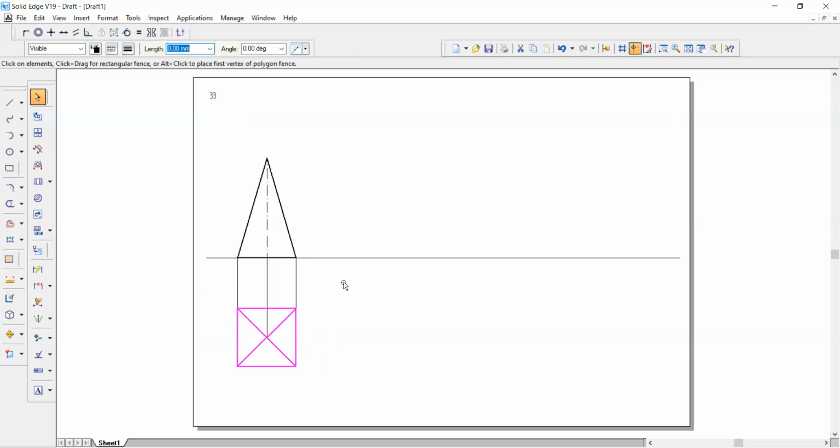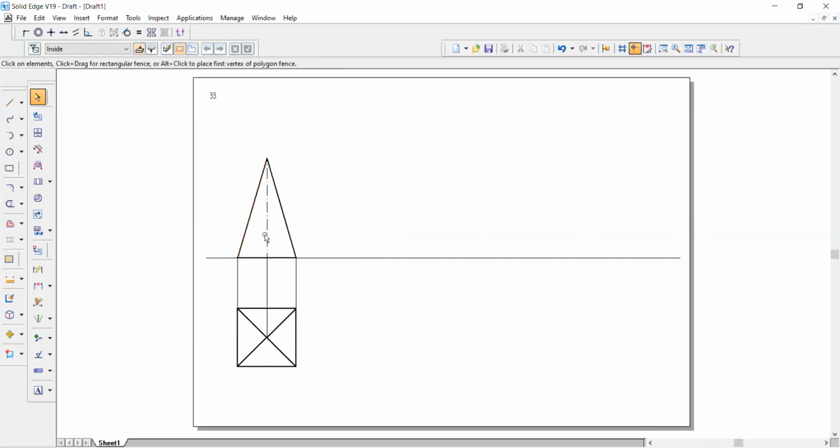Slant triangular face means edge condition. It may be a square, pentagonal or hexagonal pyramid; for any pyramid, if he says slant triangular face, draw it in edge condition. You have to get the edge on the right side. Clear? The rest of the position is the same.